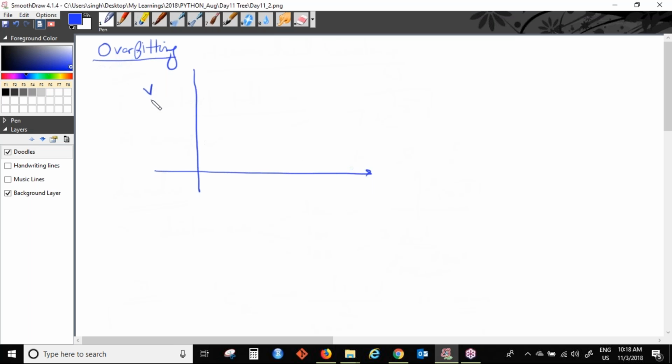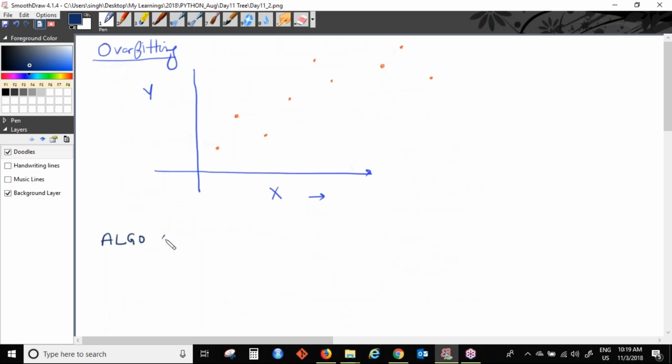Let's say I have my dependent variable y and I have my independent variable x. I have just one independent variable, and let's say these are the points. Okay, these are the points that I have, and I'll be drawing the graph of two algorithms.